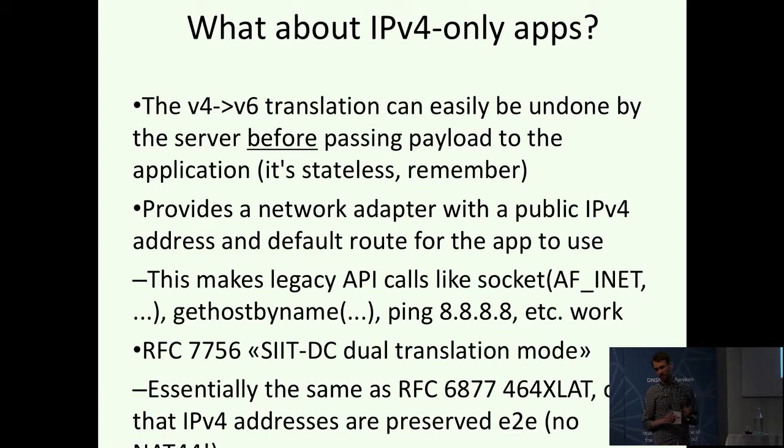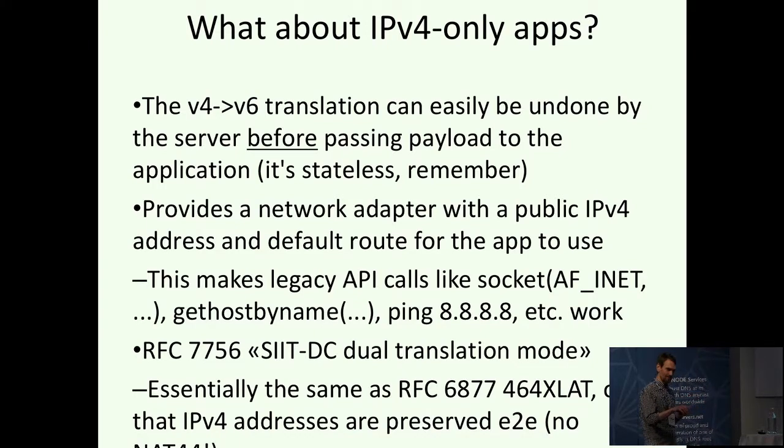And if any of you are familiar with 464XLAT, which is a technology that allows mobile operators to do v6 only, I know of at least one Swedish mobile operator that's planning on deploying that soon. It's pretty much the same thing, except for the fact that it's end-to-end transparency of IPv4 addresses.